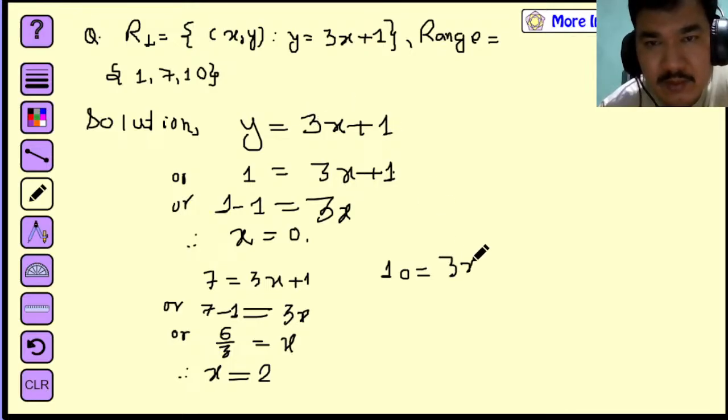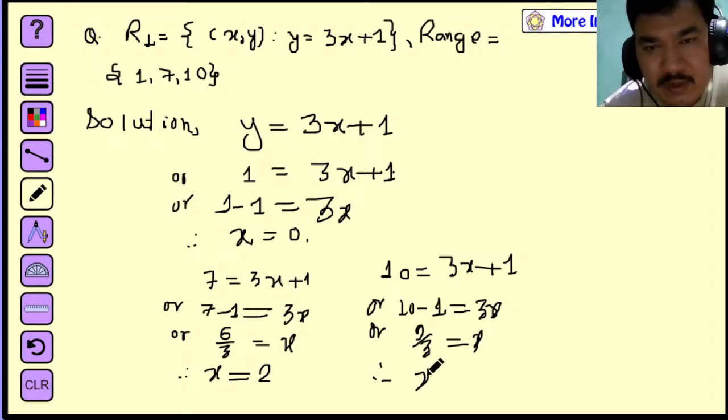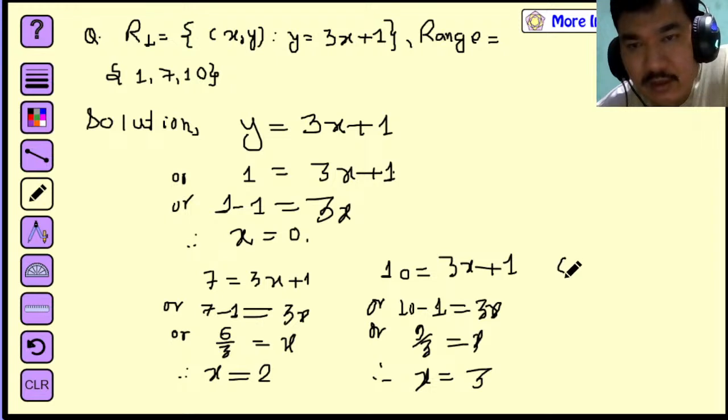When 1 is taken to the left side, it will be 10 minus 1, and here remains 3x. Then 9 divided by 3 equals x. So we got the x value 3, because 3 times 3 is 9. That's why we got one set here.